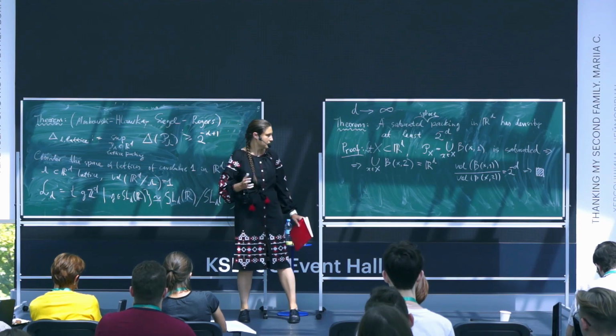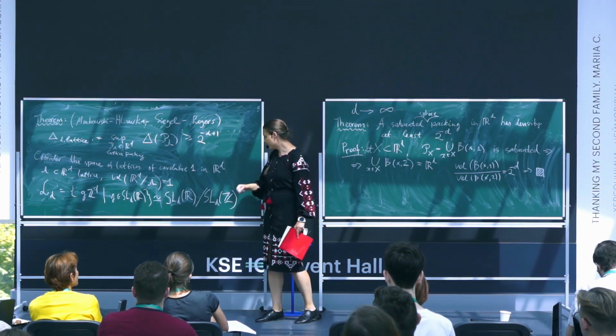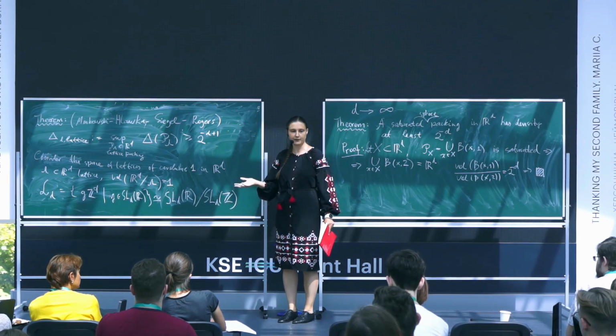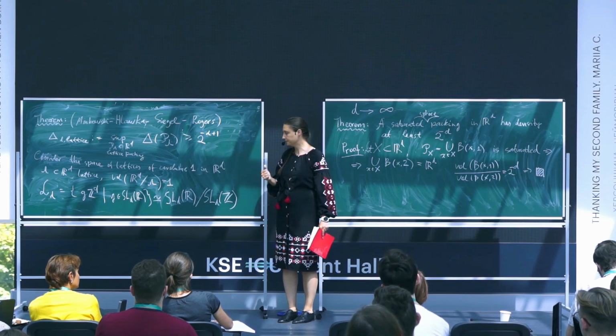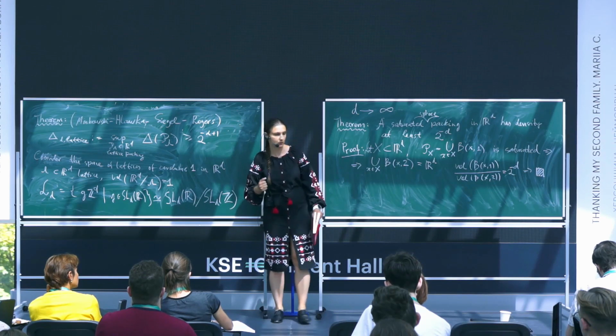What is very convenient for us is that the Haar measure of this quotient turns out to be finite, and therefore it can be normalized so that it becomes a probability measure.